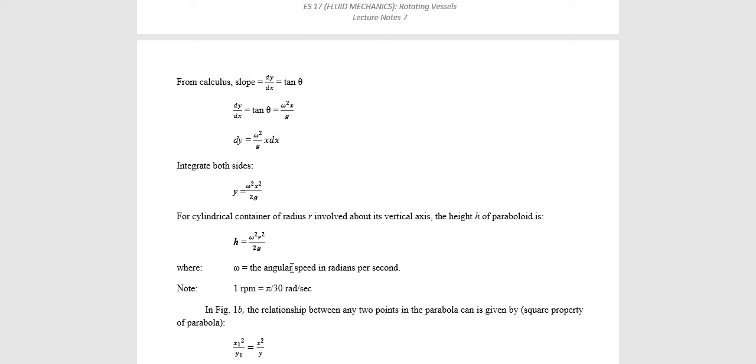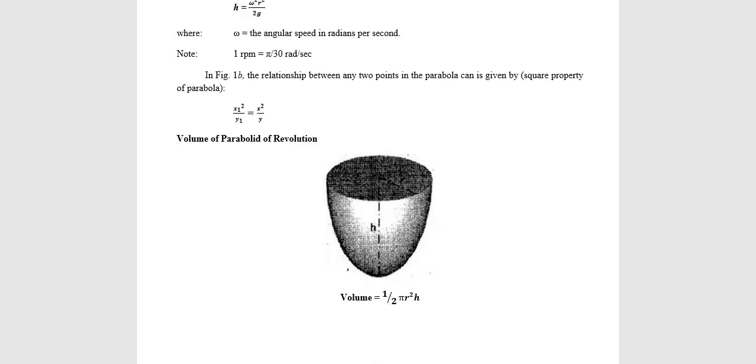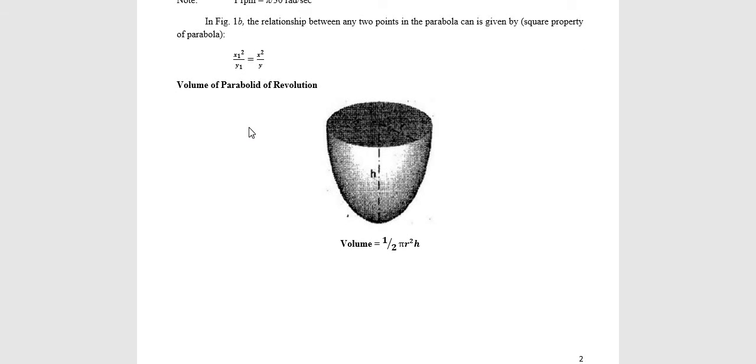Tapos yung omega dito is the angular speed in radians per second. But take note, for the conversion, 1 revolution per minute is equal to pi over 30 radians per second. Okay? So volume of paraboloid of revolution is 1/2 pi r squared times h.